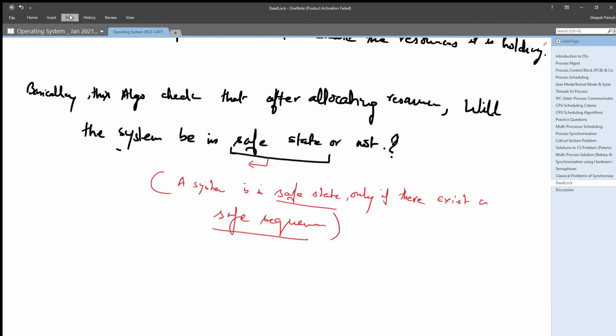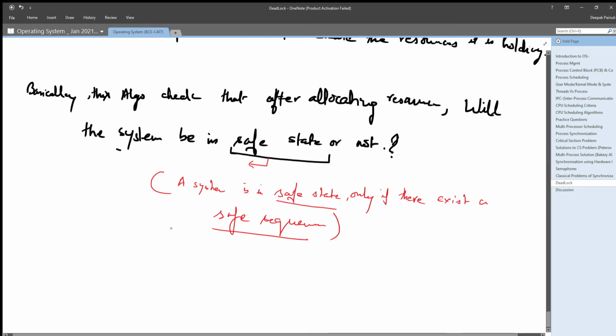Before knowing the safe state, you must know what a safe sequence is, right? So let us say we have processes P1 to P5, that means there are 5 processes, right?